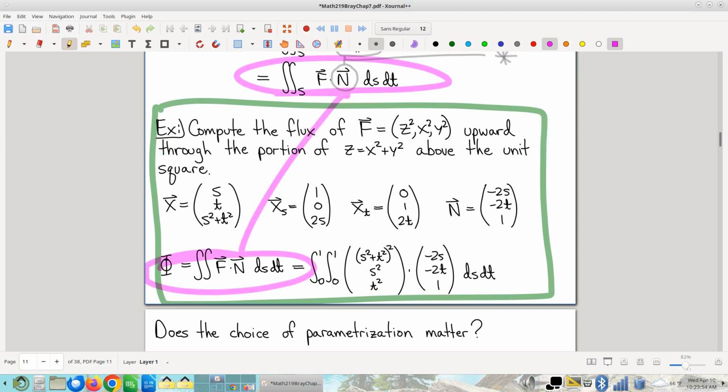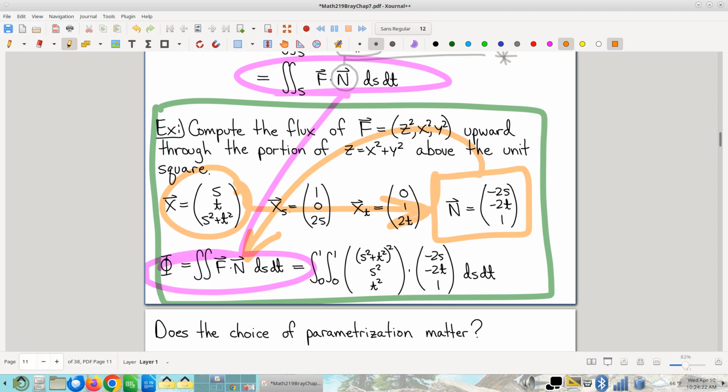And of course, in order to do so, I needed to compute the capital N. So you got to parameterize your surface and take the partials and take the cross product, right? There's this whole deal here to get your capital N vector. I should do that more slowly. Capital N vector, which goes there, and then it's just a matter of plugging in.